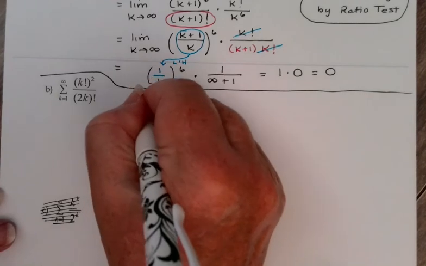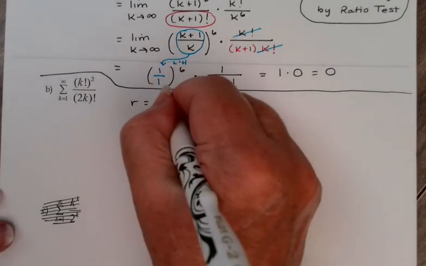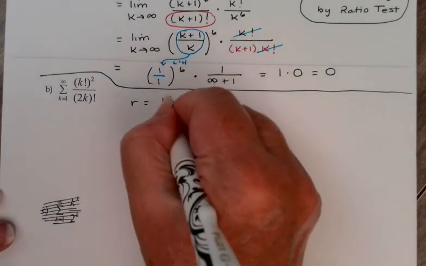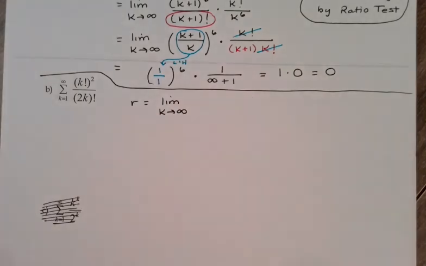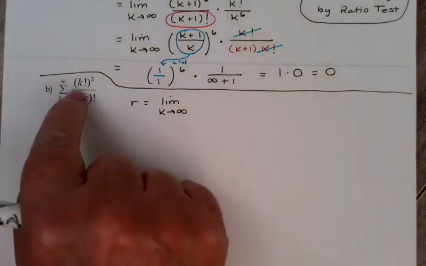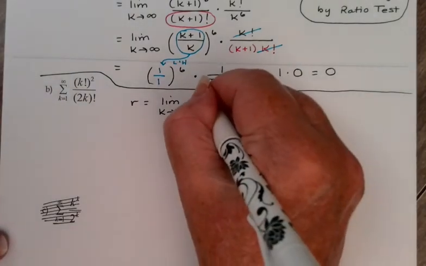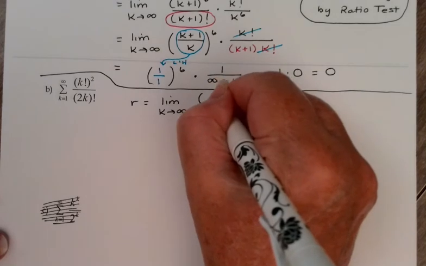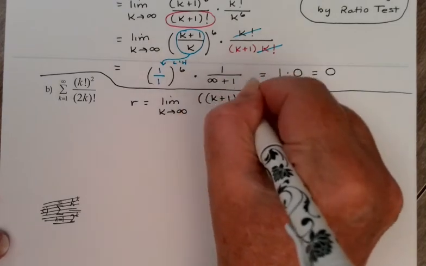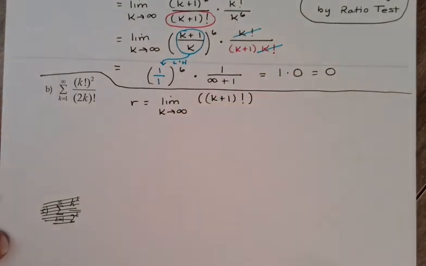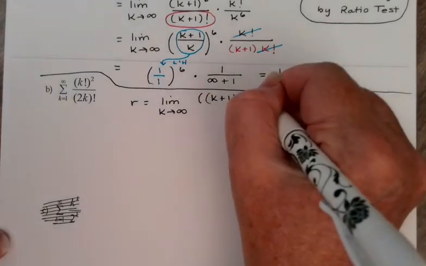So let's define our R as the limit as k goes to infinity. And first of all, I would have a sub k plus 1. So I'm going to replace the k's with k plus 1s. So k plus 1 factorial squared.